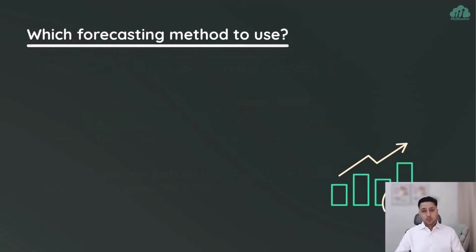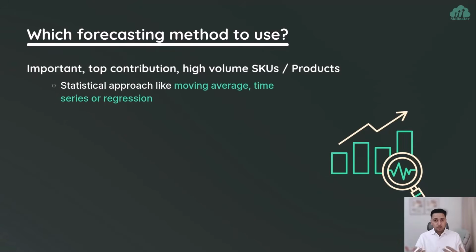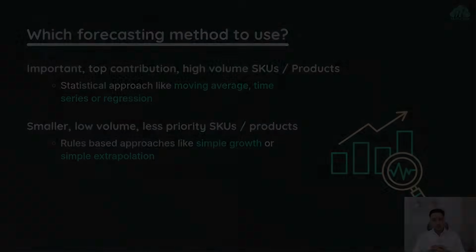A common real-world approach is to apply advanced techniques like regression or time series analysis to top SKUs that drive around 80% of your revenue. And for the long tail of smaller SKUs, you apply growth-based forecasting techniques. This approach helps balance forecast accuracy, analyst effort, and overall planning efficiency.